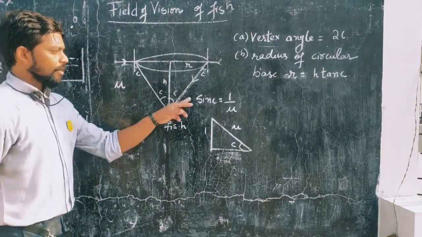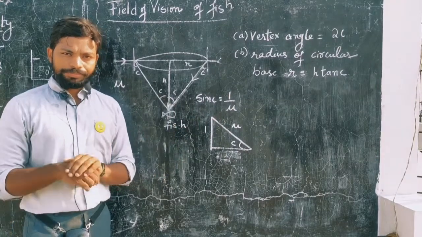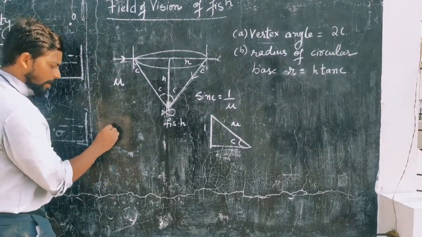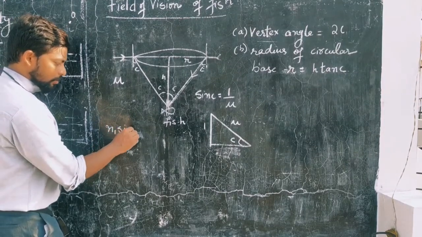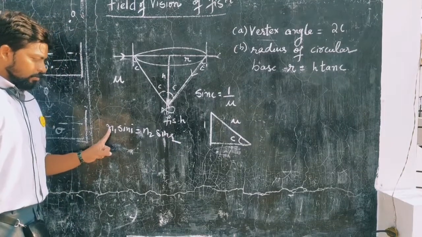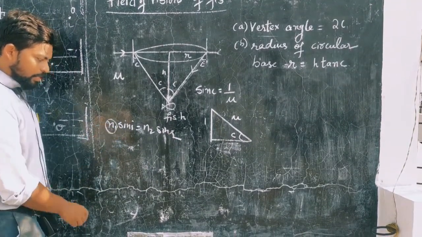Let us see that. So we know that sin C is equal to 1 by mu from Snell's law. When we apply Snell's law, N1 sin I is equal to N2 sin R. This is 1. The refractive index of air is 1.